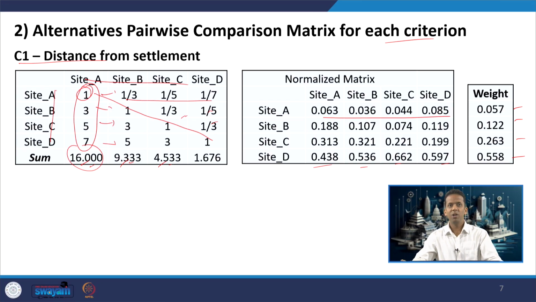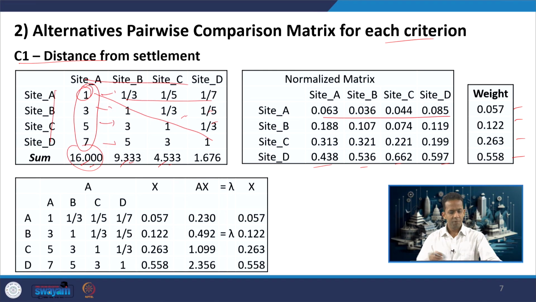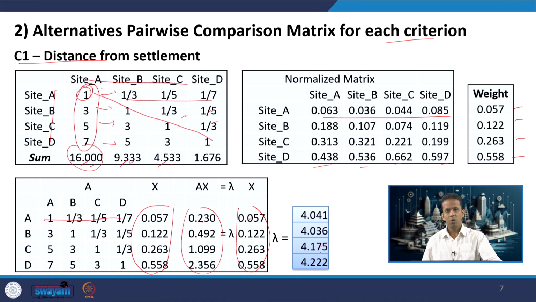Once this is done, you can check for consistency using Ax equal to lambda x, where A is the matrix originally made from the table, and x is the weights which are calculated. You do the multiplication of this matrix, you get Ax equated to lambda x, and lambda would be this divided by this. So, you get 4 values of lambda.